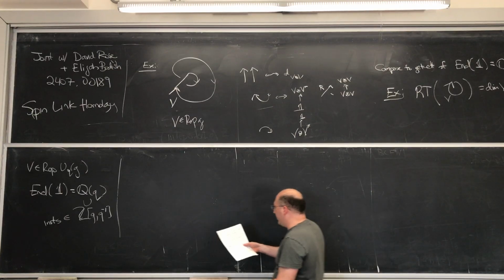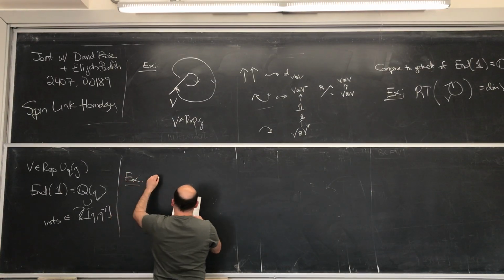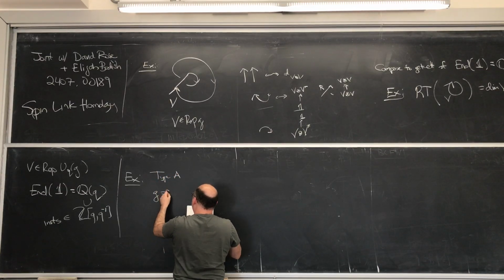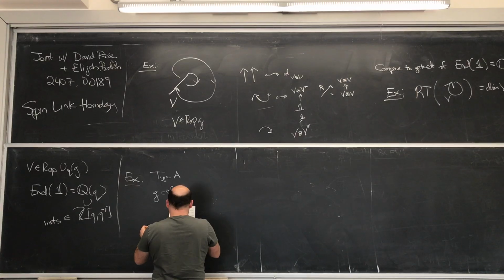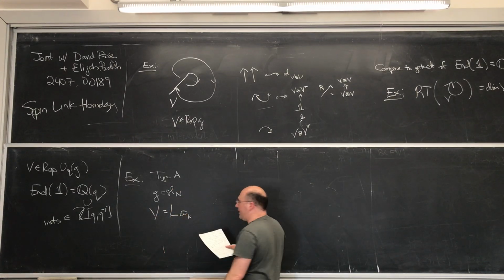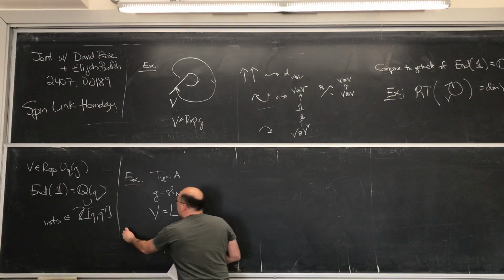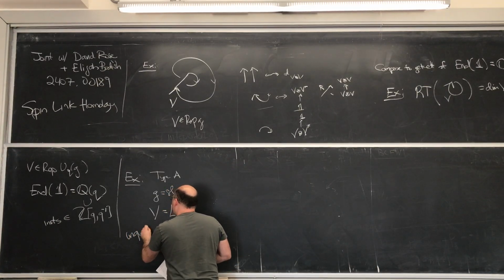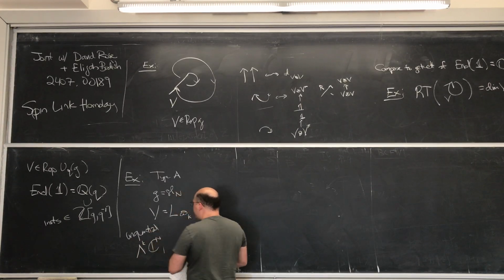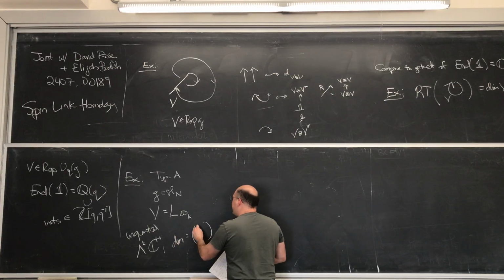Okay, in this case, I just want to give you some examples of what you get. In type A, when G is SL_n, if V is the kth fundamental representation, then unquantized, this representation is the kth wedge product of C^n, and its dimension is n choose k.